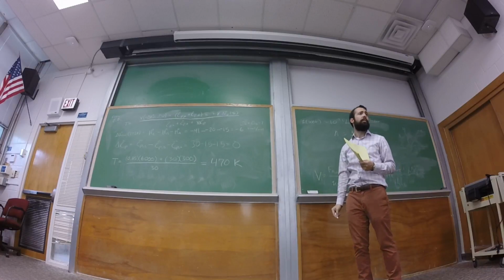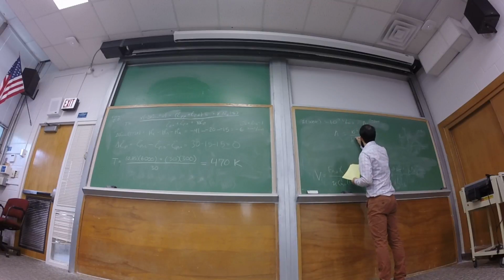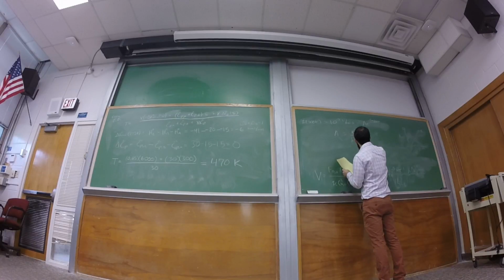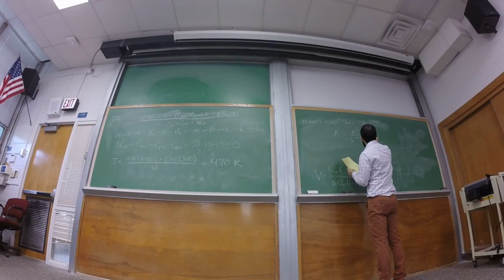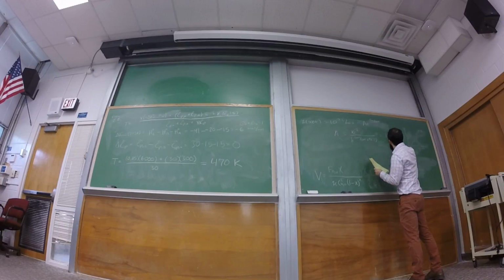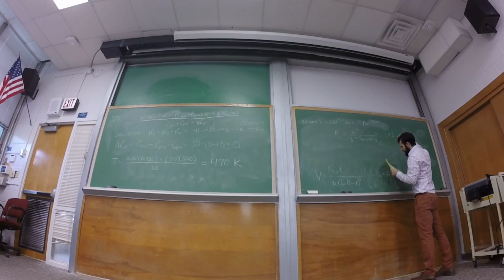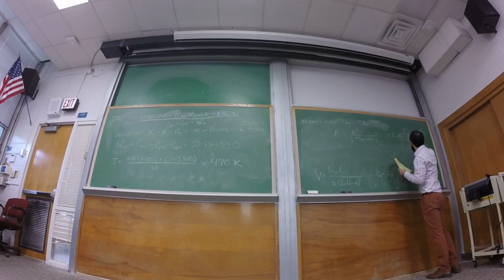Can somebody? 10 kcal. Right. So I'm going to put 10,000. And then you divide it by 300, which is the temperature, times R in units of calories, which is that. 1.93 times 10 to the 5th.